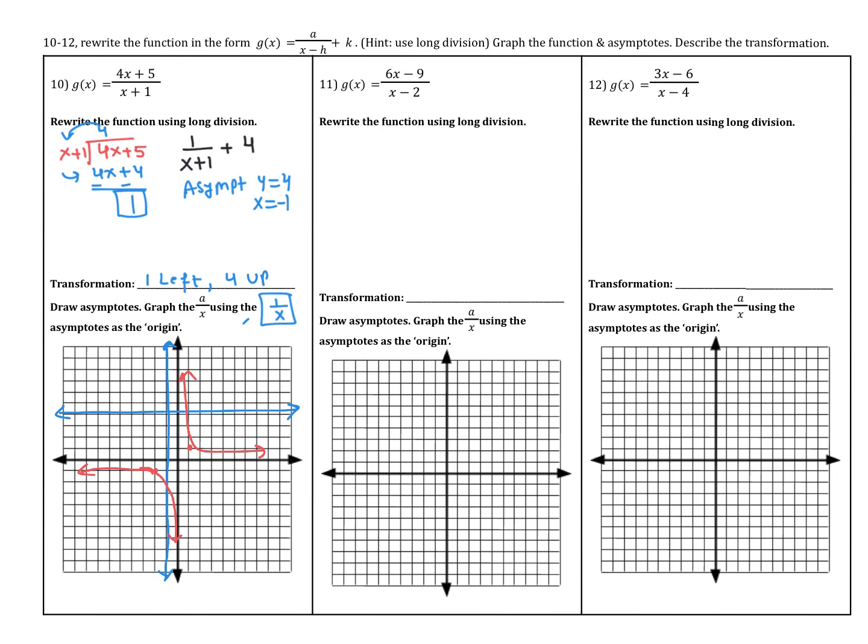But this 1, 1 point is going to move 4 units up, 1 2 3 4 units up, and 1 unit left. So the point that I'm going to start with is from here.